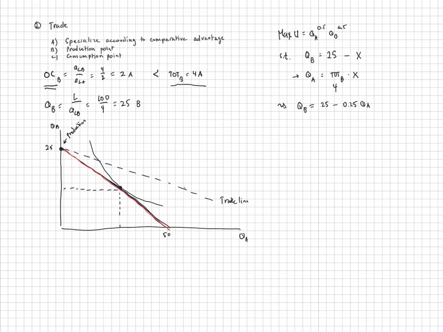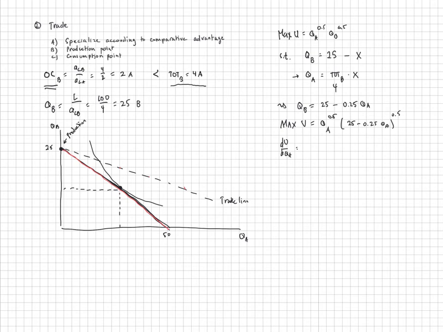And then I'm going to plug that into my utility function, substituting it in for my QB. And then I'm going to take the derivative of this with respect to QA.